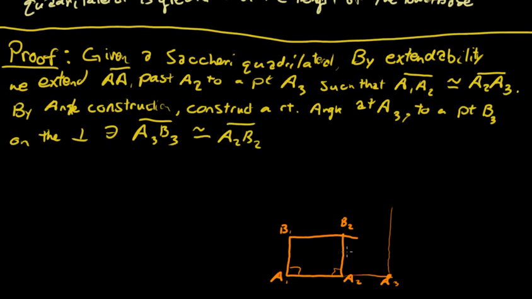So we want this segment to be congruent to this segment right here. So we'll call that B sub 3.